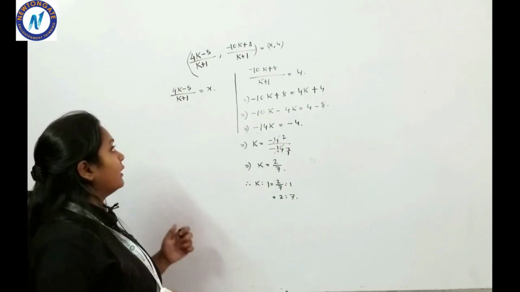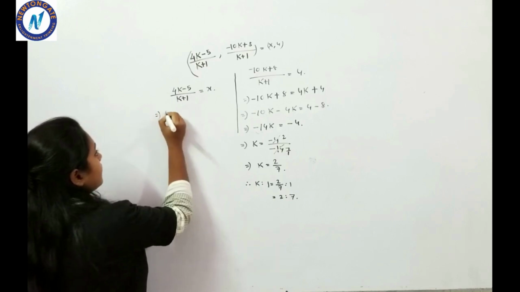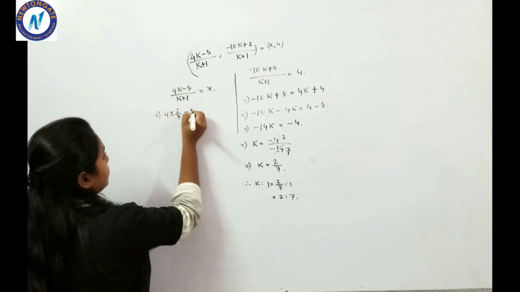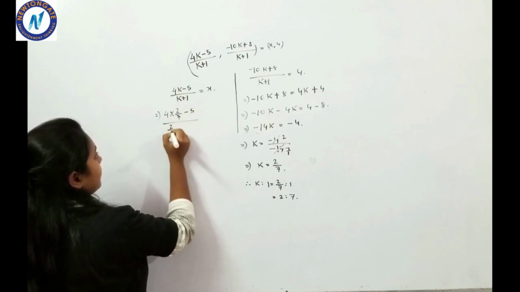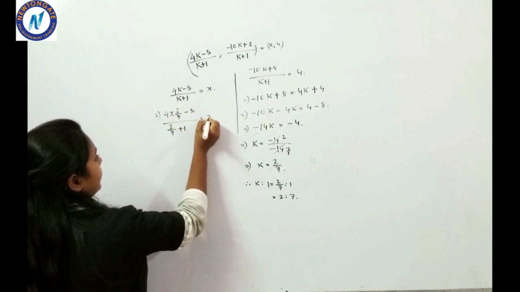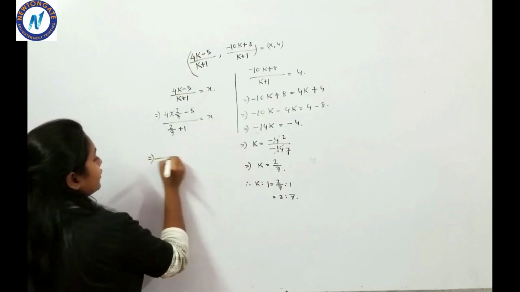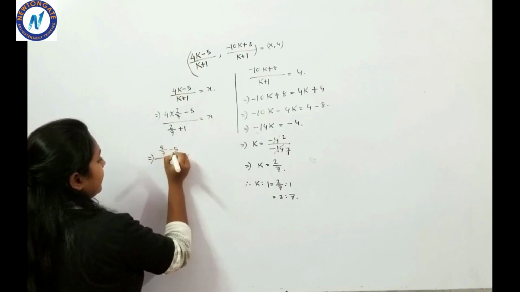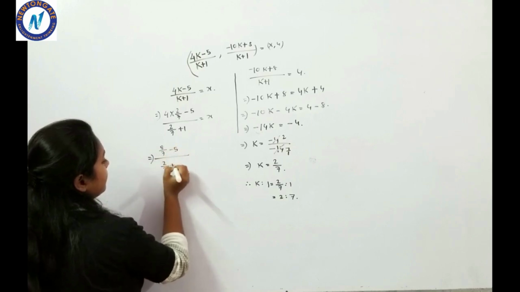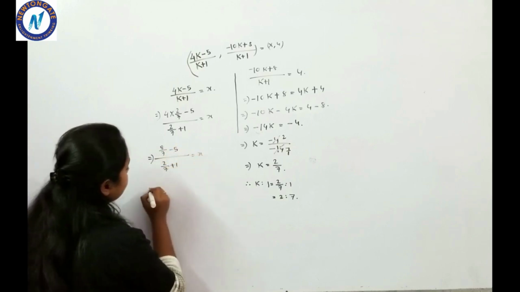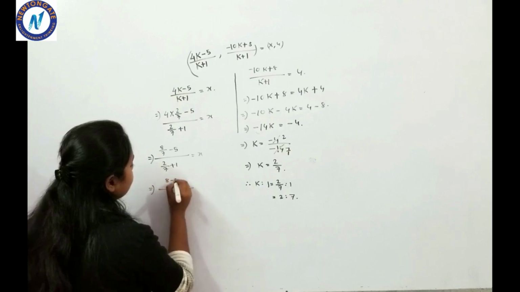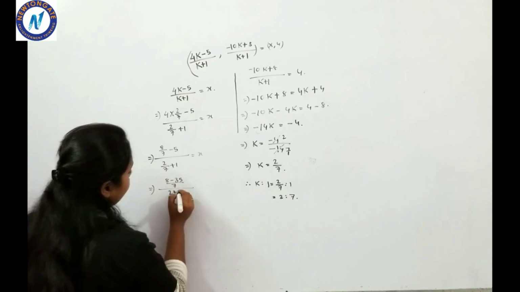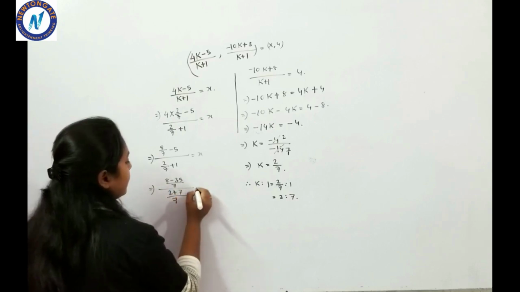Now we will put the value of k here. (4 into k, means 2 by 7, minus 5) divided by (2 by 7 plus 1) equals x. Then 4 twos are 8 by 7 minus 5, divided by 2 by 7 plus 1, equals x. Then (8 minus 35) divided by 7, (2 plus 7) divided by 7, equals x.